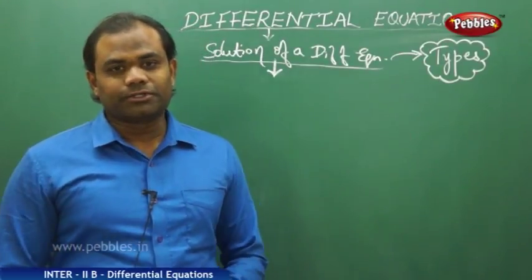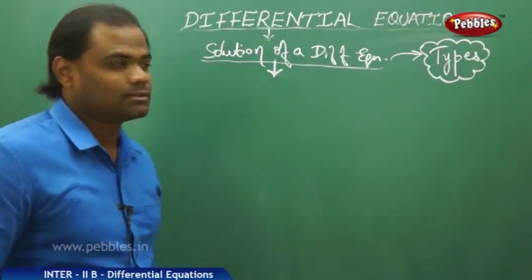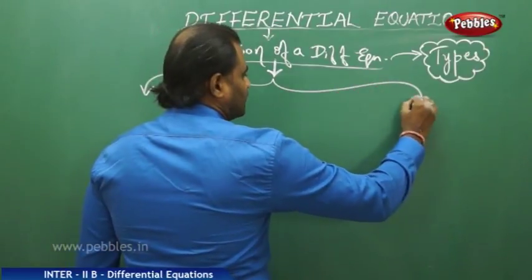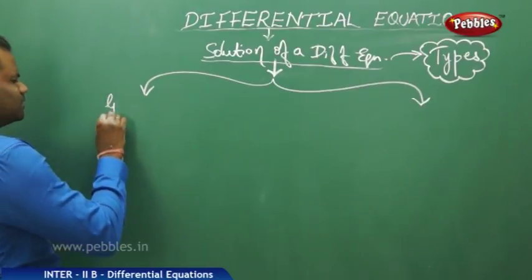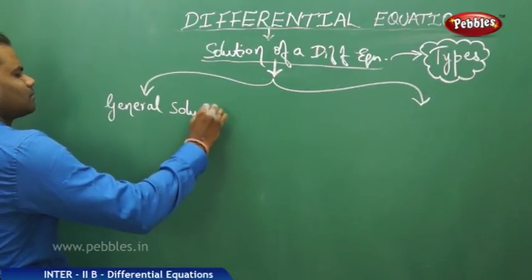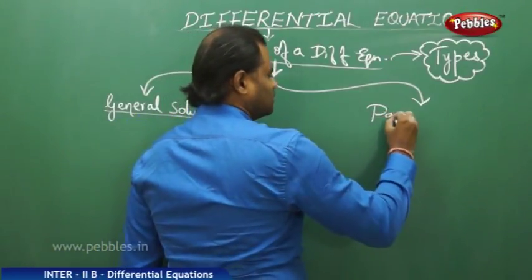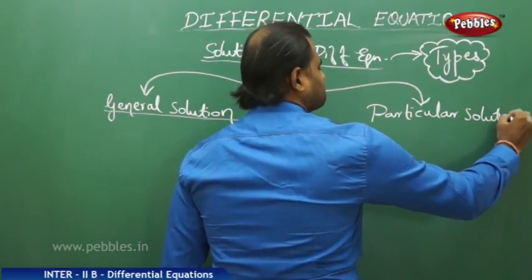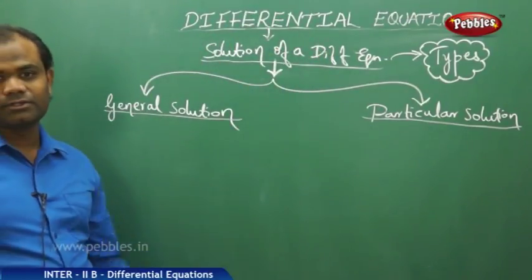Now there are two types of solutions for a differential equation. So let's see the two types of solutions. Every solution of a differential equation is said to have two types. One is the general solution, and then the particular solution. Let's see how we define each of them.